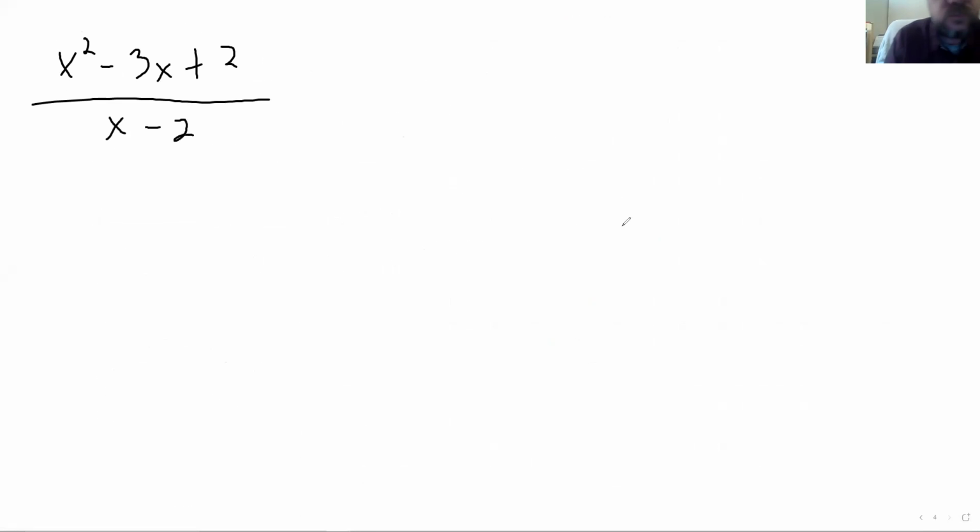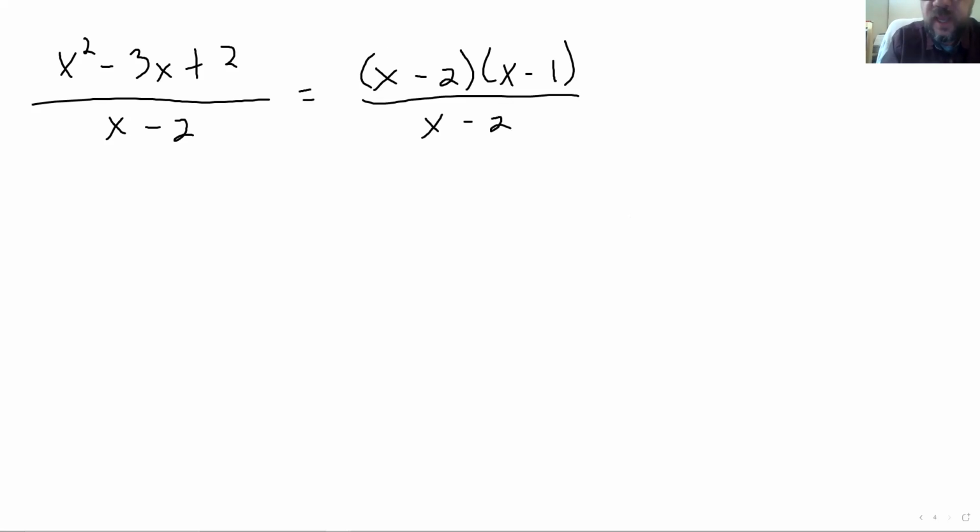All right, so if I had this x squared minus 3x plus 2 over, it was x minus 2 versus x minus 3. Well, when I factor the top, I didn't factor anything there. Let's try that again. When I factor the top, and actually factor it this time, I get x minus 2, x minus 1. And this one is x minus 2 in the denominator. So when I cancel these, the thing I'm left with is just x minus 1.